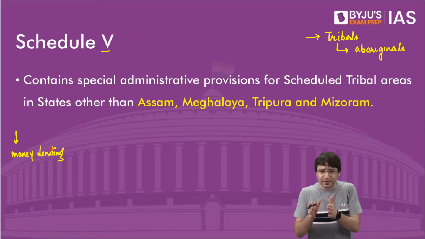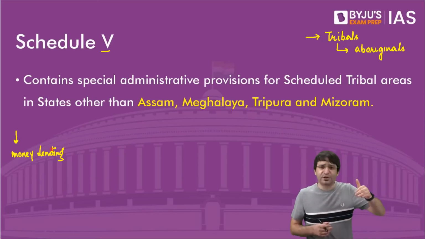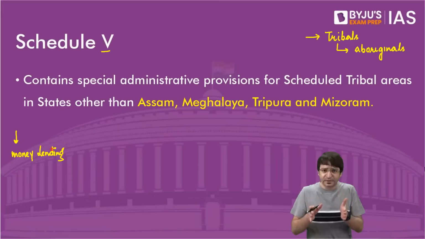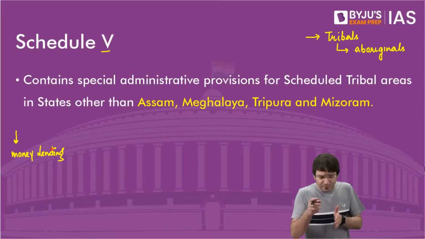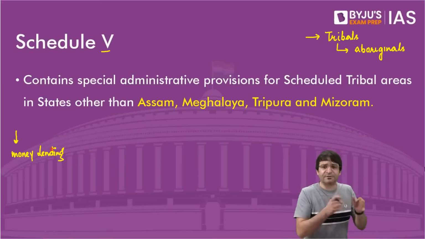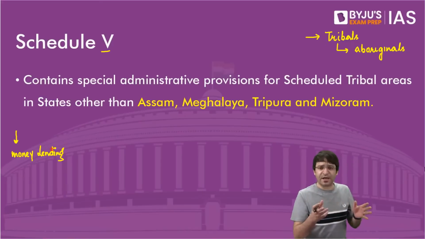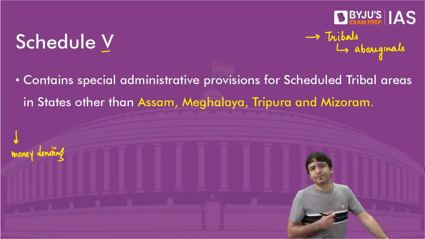Now the British would send its officers or non-tribals to these tribal areas, and they would give them money in the form of loan. But when this money they could not repay, their land was confiscated. And because of that, there was tribal uprisings.